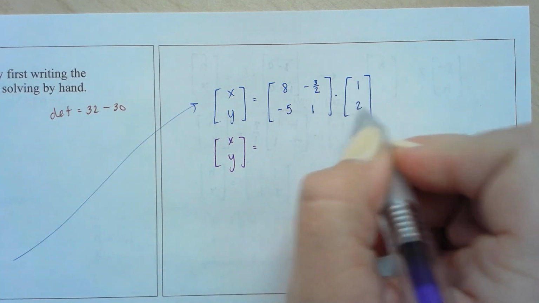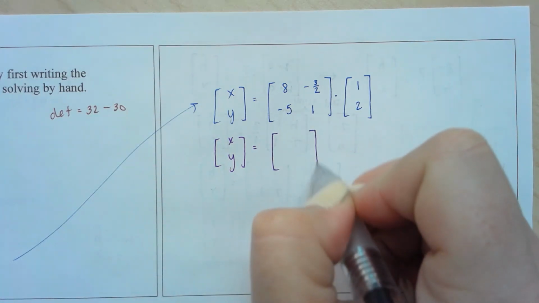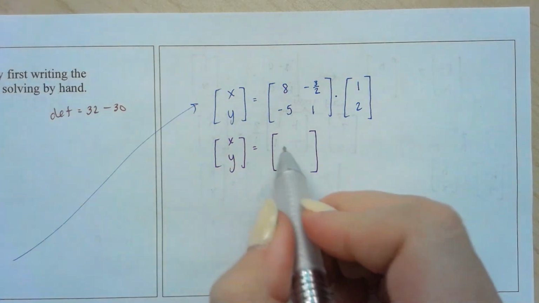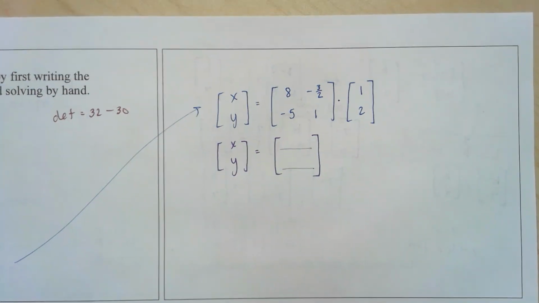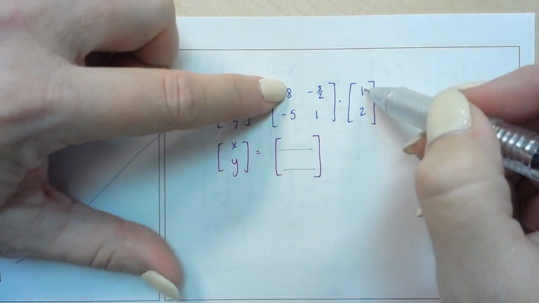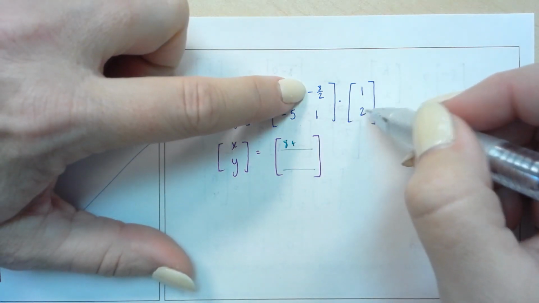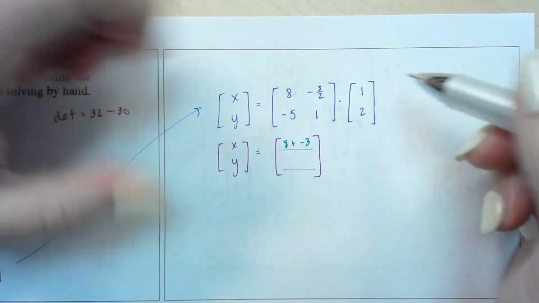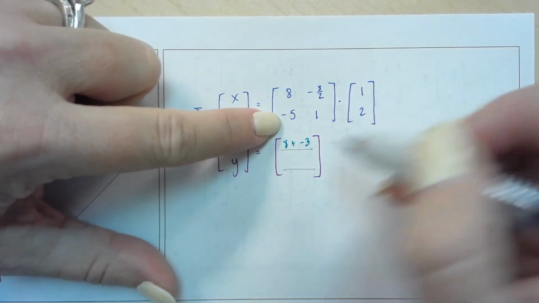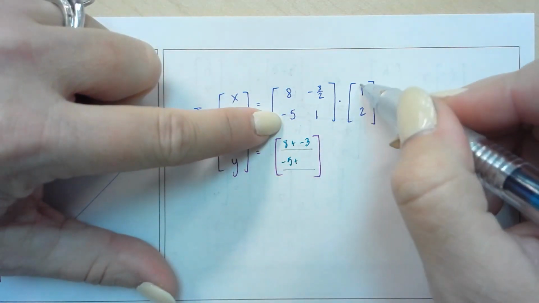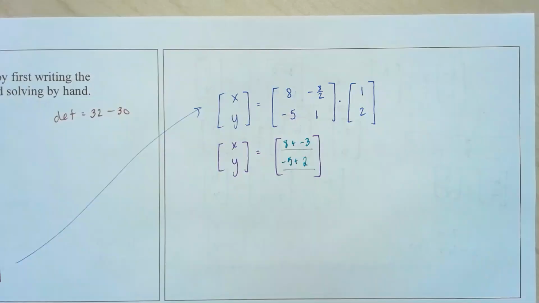A 2 by 2 being multiplied by a 2 by 1 will give me another 2 by 1. Here we go. 8 times 1 is 8. Negative 3/2 times 2 is negative 3. Negative 5 times 1 is negative 5. 1 times 2 is 2.